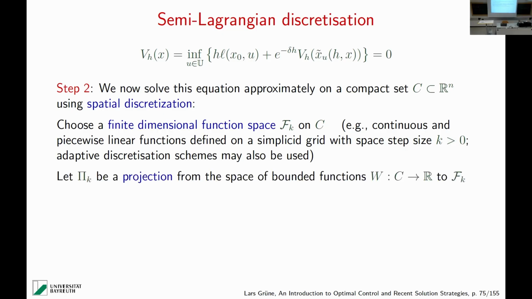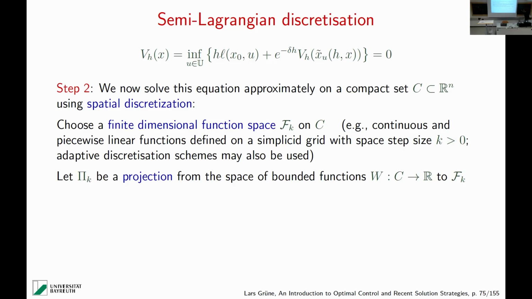Okay, and then what you can do is project arbitrary bounded functions from C to R to Fk. So essentially what you do is, let me draw another picture. You take an arbitrary function. Let's make a continuous one just to have something nice to draw.